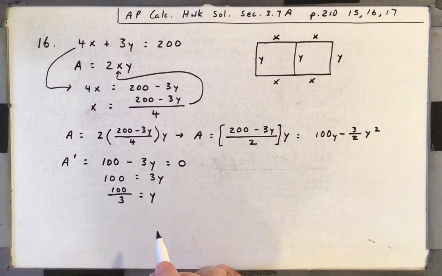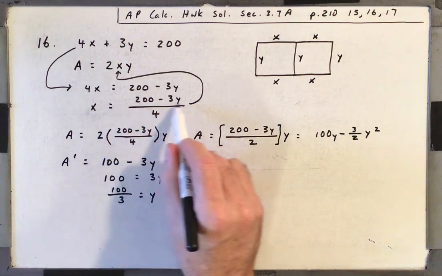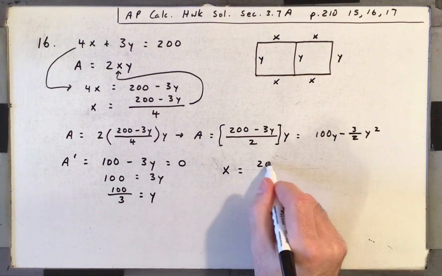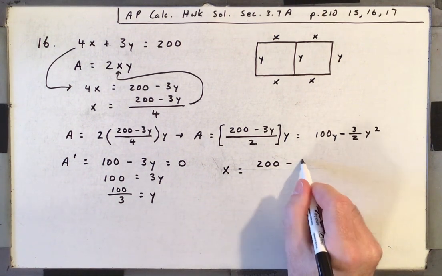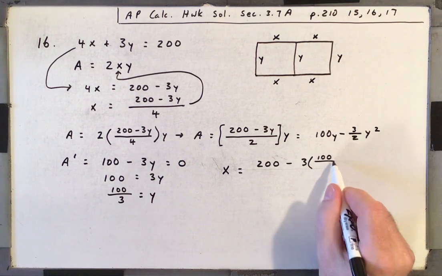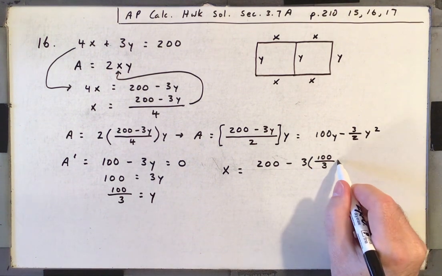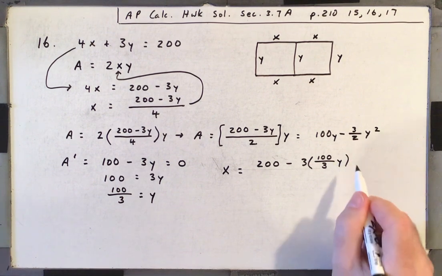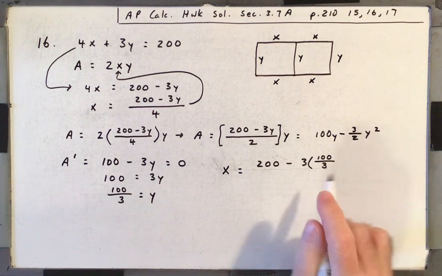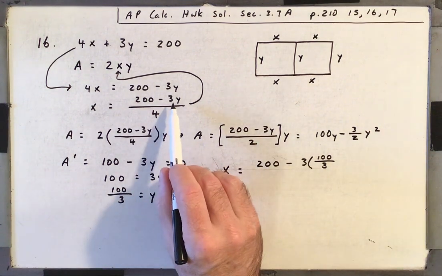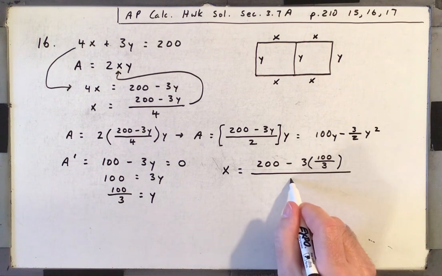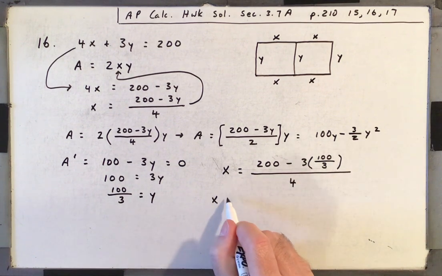Okay, to find the x dimension, we can just plug right back here. So x is equal to 200 minus 3 times 100 over 3 times y. Well, excuse me, 100 over 3 is y. Apologize. So 3 times 100 over 3 there, over 4.